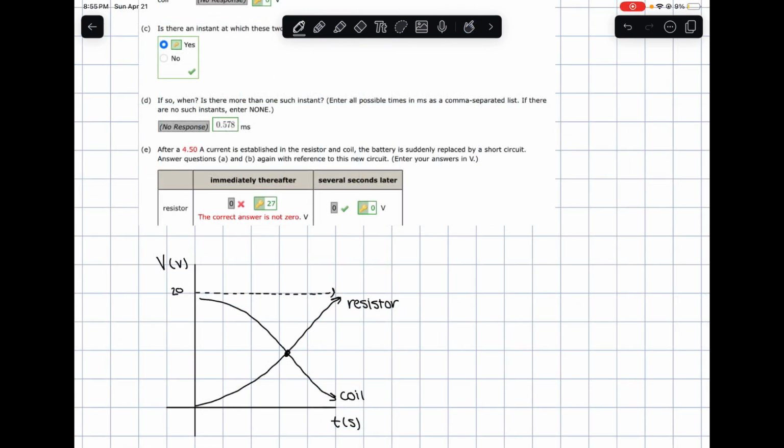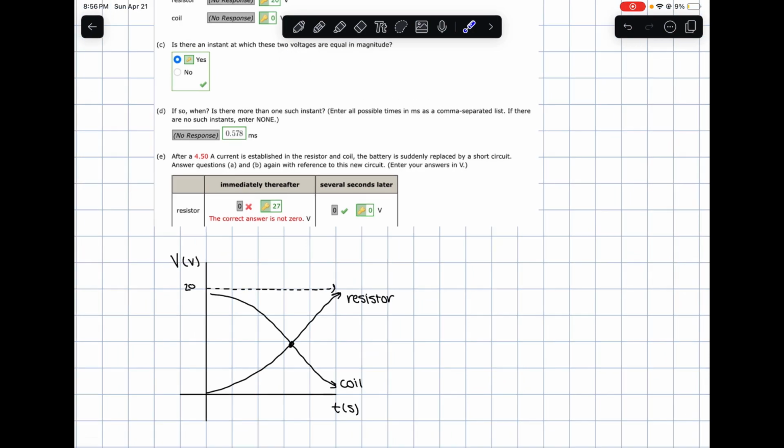Finally, time for part E. After a 4.5 amp current is established in the resistor and coil, the battery is suddenly replaced by a short circuit. Answer questions A and B again with reference to this new circuit. Now, this graph right here won't be helpful anymore because we are now almost going to reverse the graph.